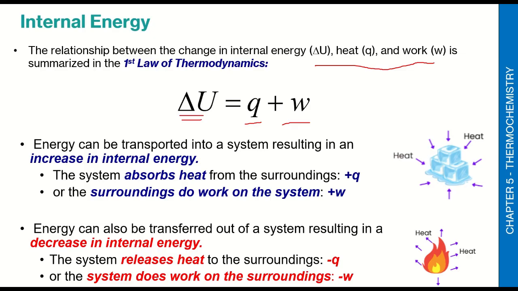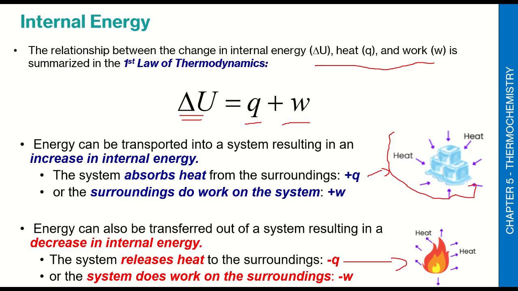So the system will absorb, so it will be positive, like here with the ice, or it can be negative when they release energy, because they're decreasing internal energy. Remember, the ice is absorbing heat, so it is increasing internal energy because it's absorbing energy.